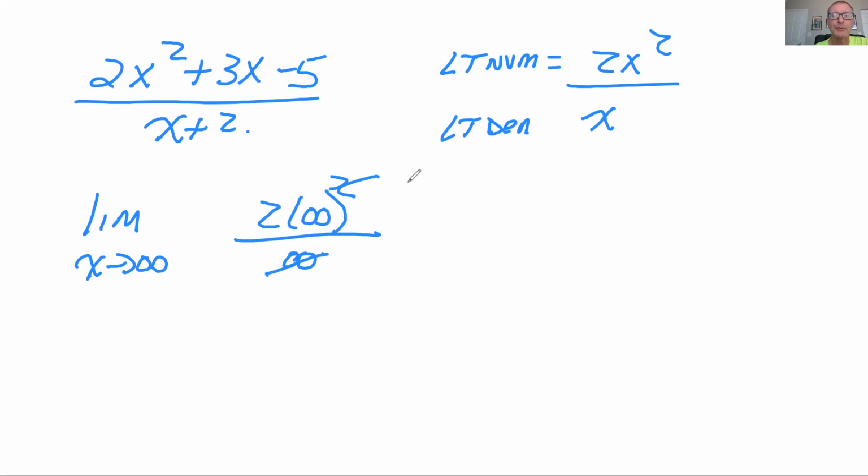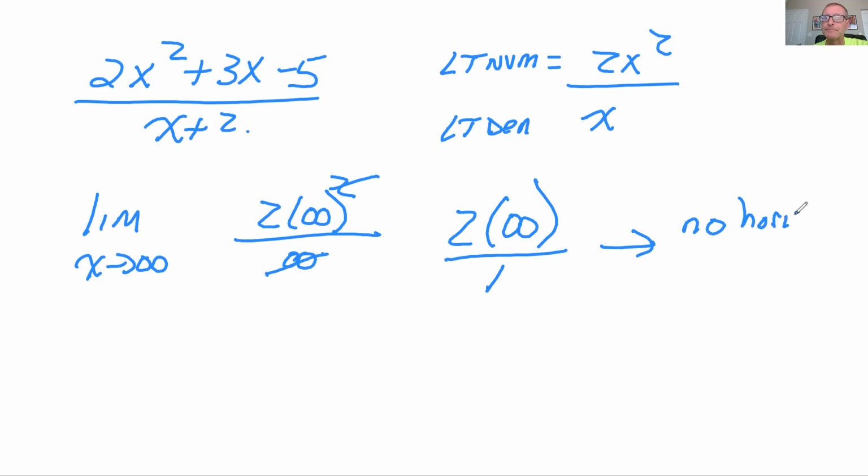So this will cancel with 1. And now what do we have on top? 2 times infinity. And we have just 1 on the bottom. So when there's more infinities on the top, it just blows up, right? In the sense that as x goes to infinity, y is going to infinity, right? Like we did in the leading term test. And when this happens, there is no horizontal. And so that's a good summary of the horizontal asymptotes.